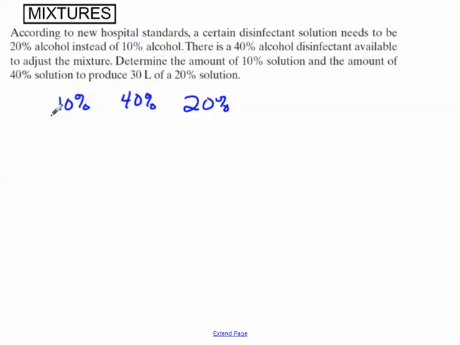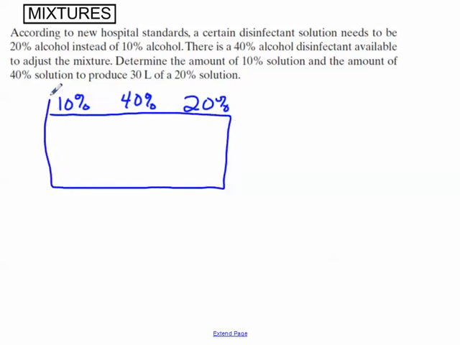And some of that stuff we know, or we are given from the information in our problem. So I'm going to set up a table. Because we've been dealing with systems of equations, I'm going to set up one row here and one row here, because this line will become an equation.